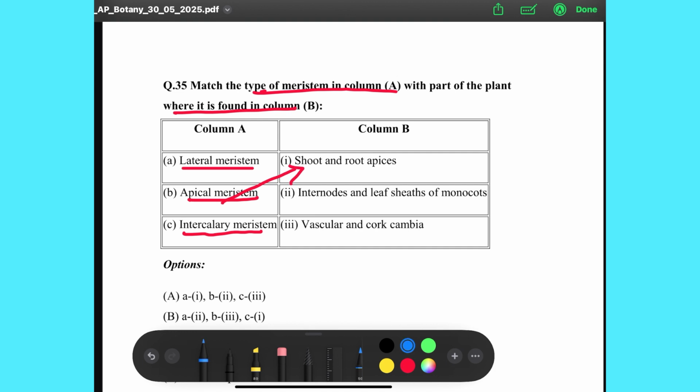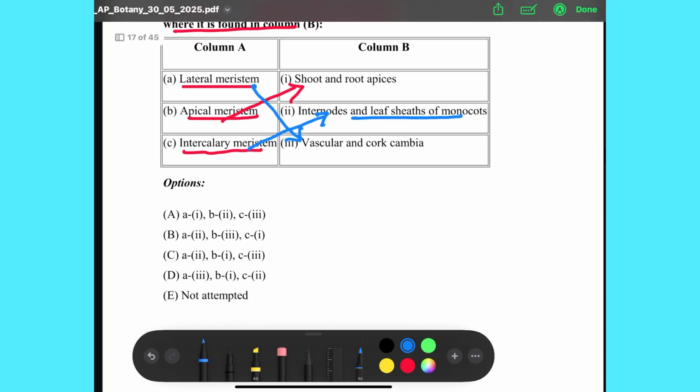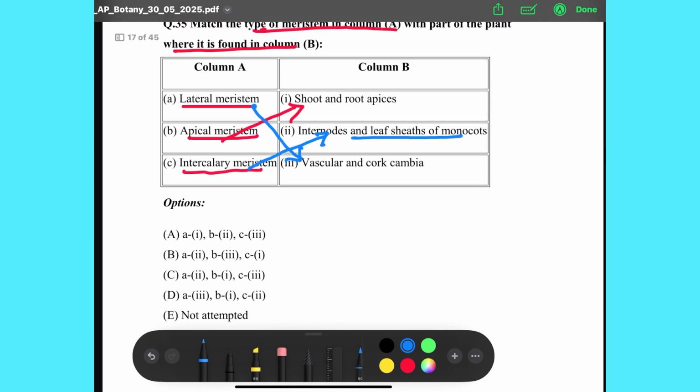Now next, you all know lateral meristem. Lateral meristem is found in the vascular and cork cambium region because it gives girth, and intercalary in the internode or leaf base. So remember this 35. First ka third, here it will be the answer.